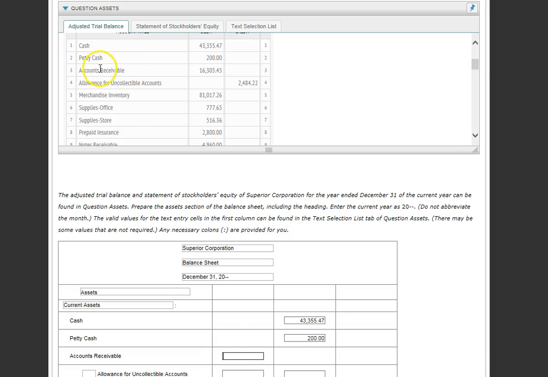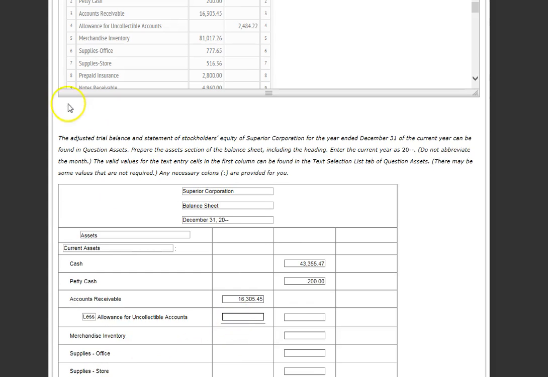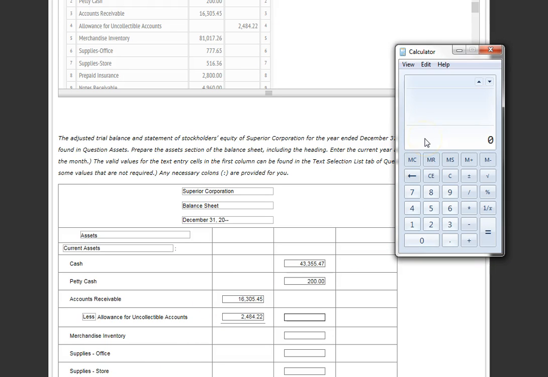Accounts receivable, $16,305. And then less allowance for uncollectible accounts. Okay, subtract those. And it goes right here.